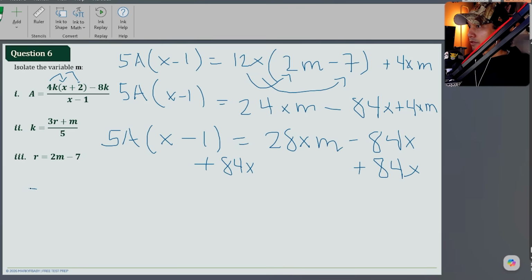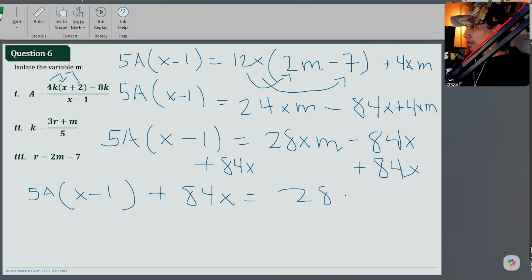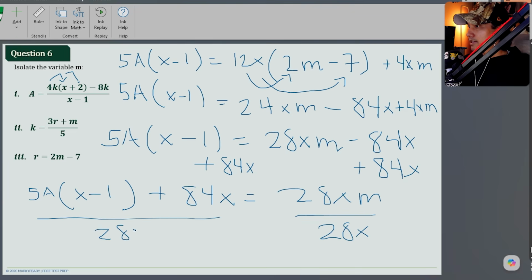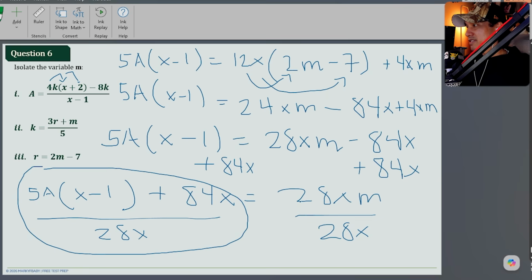And then we're left with 5a(x minus 1) plus 84x equaling 28xm. And then what I'm going to do next is divide everything by 28x. Giving me this right here is the right answer, folks.